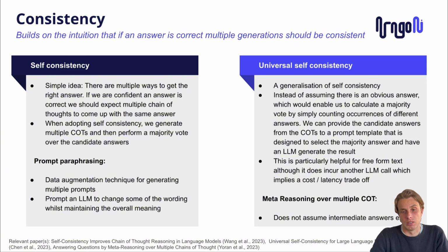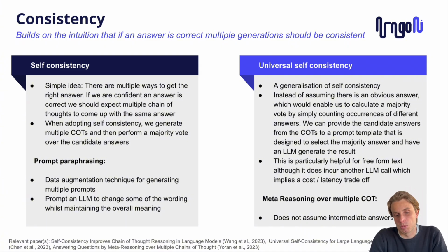So with universal self-consistency, we create a prompt template that takes in the answers from the different generations, and then leverages a large language model to ask what the consensus is, what the majority vote is. It's a more flexible approach that can still be quite performant and helps alleviate the case where you can't clearly programmatically say these two answers are the same.